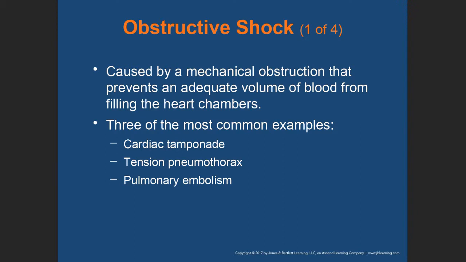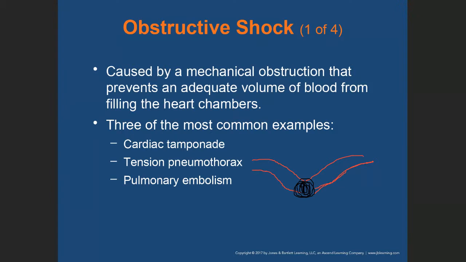So let me draw the pulmonary artery. So let's say this is a pulmonary artery where it bifurcates. What can happen is the clot can lodge right here, right in the middle.